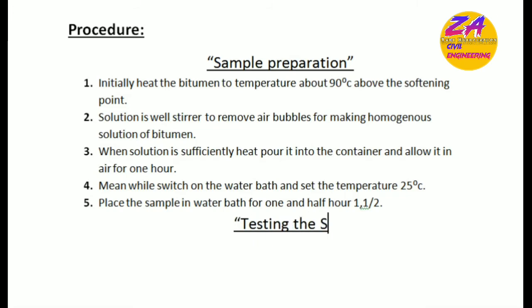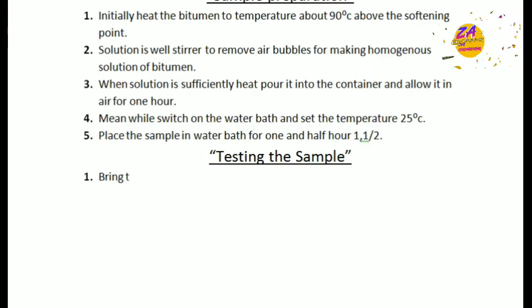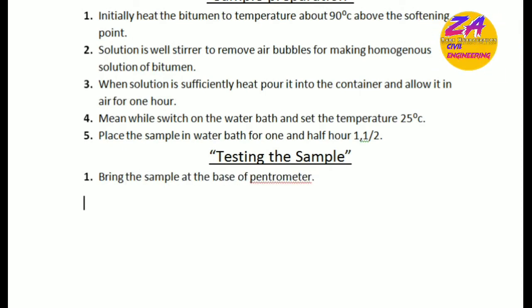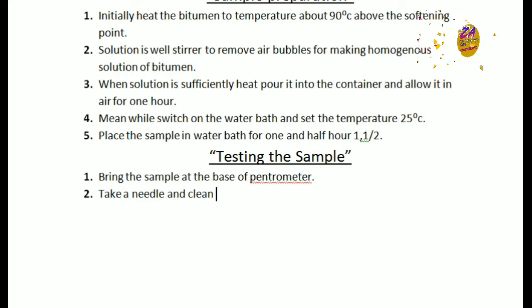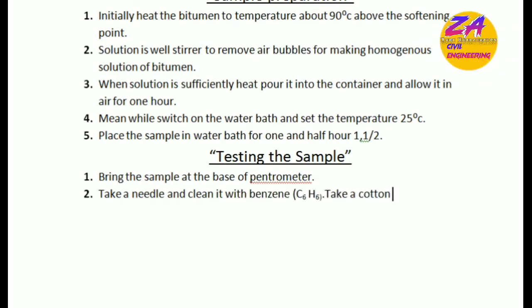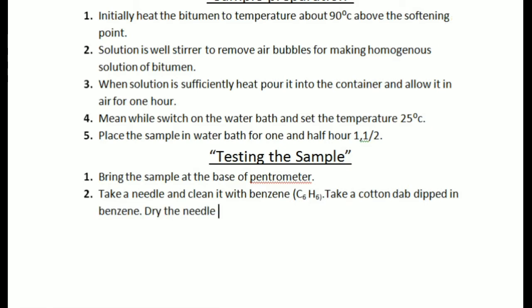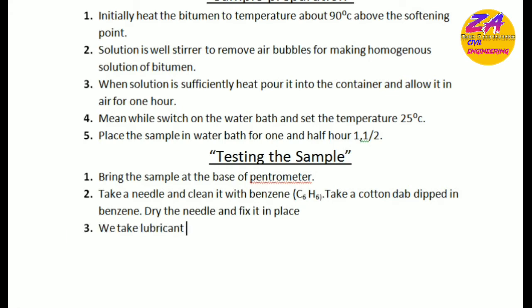Testing. After preparation, we test the samples. Bring the sample at the brass to the penetrometer. Take the needle and clean it with benzene, C6H6. Take a cotton dab dipped in benzene, dry the needle and fix it in place. We use lubricant to move the needle slightly.